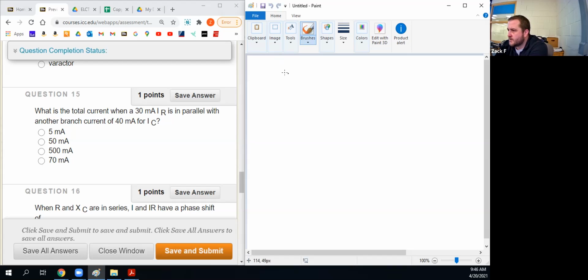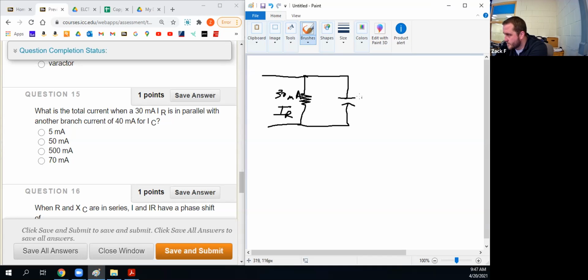So what is that saying? Basically, we have a parallel circuit. And we have 30 milliamps of resistive current. This would be I sub R, current through the resistor.